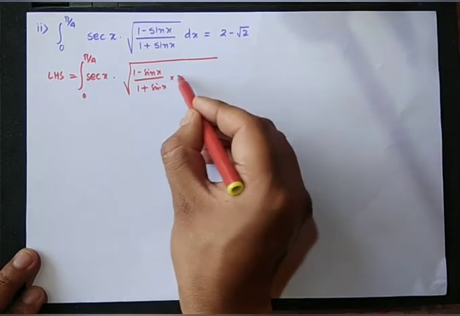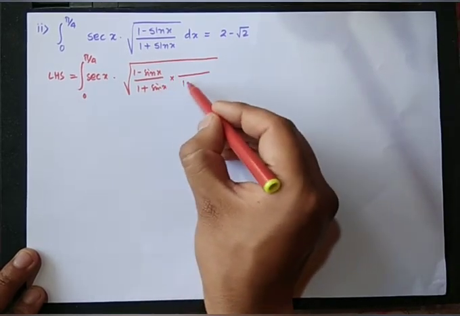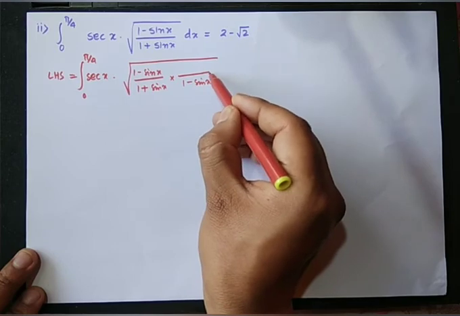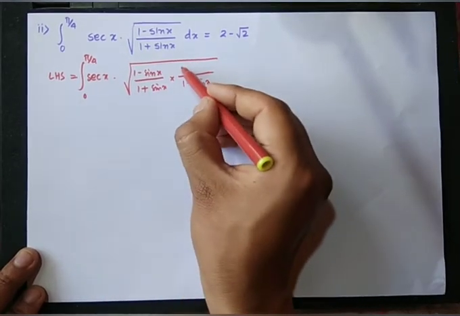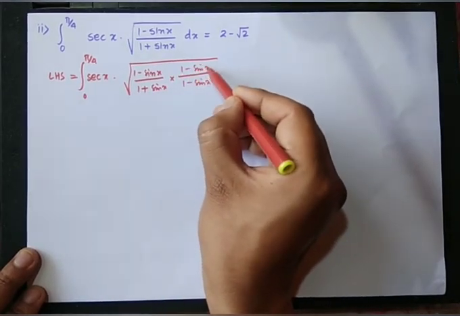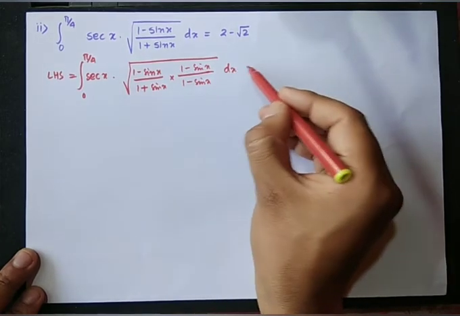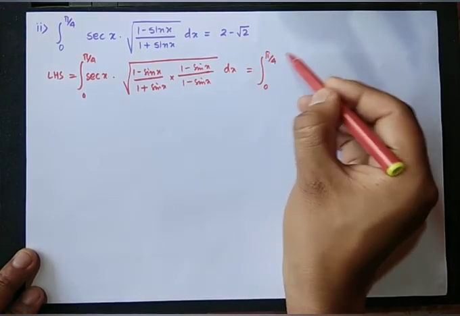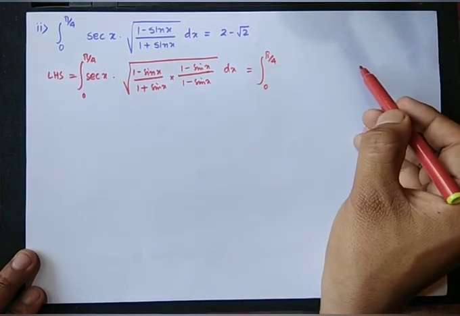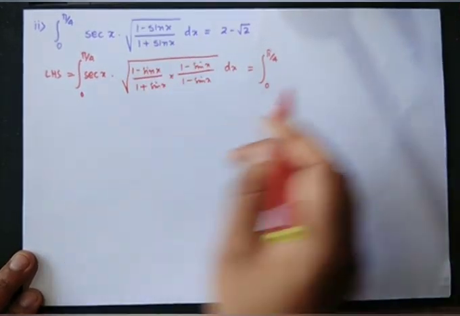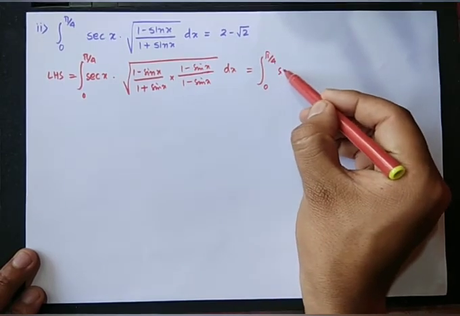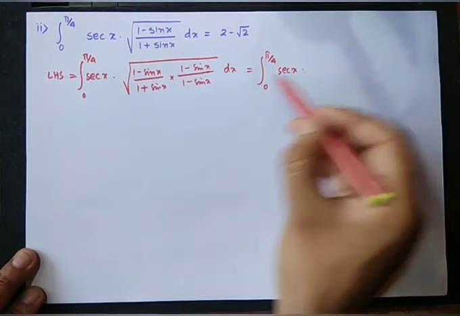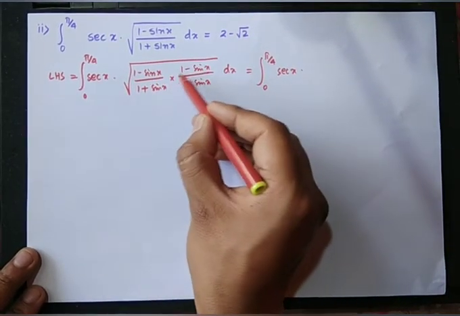Whenever we rationalize the denominator, I'll have to put 1 minus sin x here. Similarly, I need to put 1 minus sin x here as well, right? So this can be written as the integral from 0 to pi by 4. I'm writing this way because I don't have space, you will write downwards. So we have sec x into 1 minus sin x into 1 minus sin x.